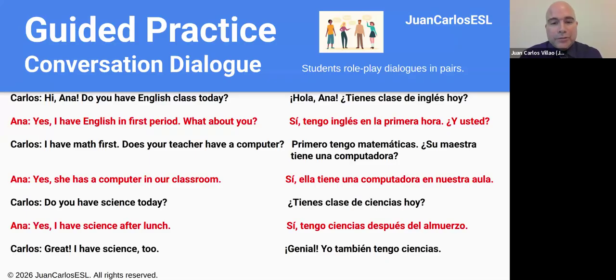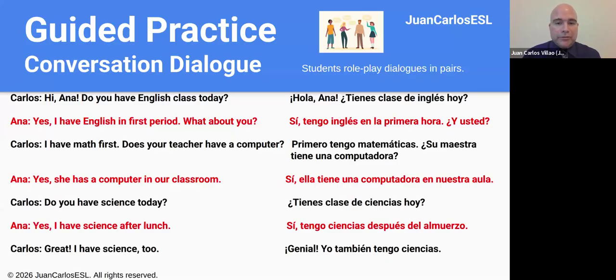Students, there will be two students that will play these two roles. One student will be Carlos, another student will be Ana. It'll be student A and student B, or Carlos and Ana, two students. They will play roles. And then what I would like for students to do after they complete the conversation dialogue is to rotate roles so everyone has the opportunity to ask questions and to answer them.